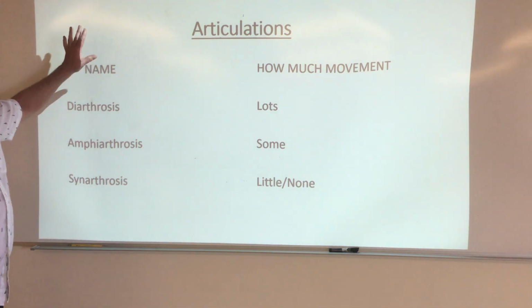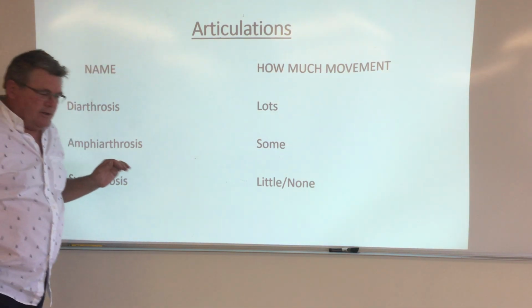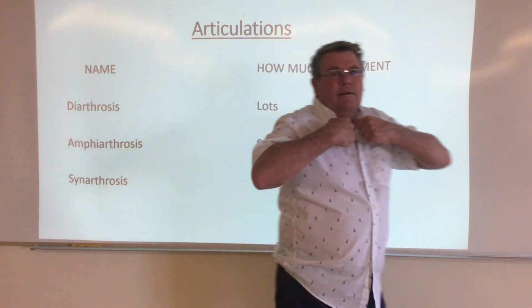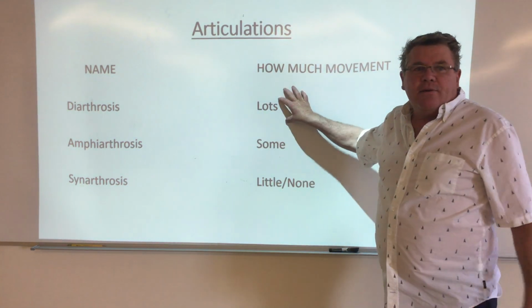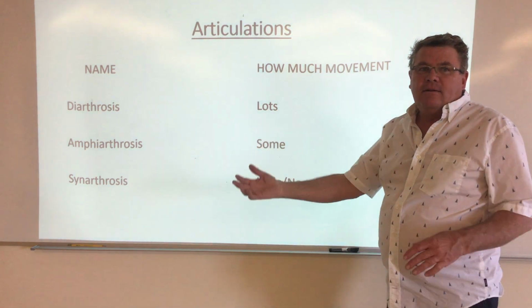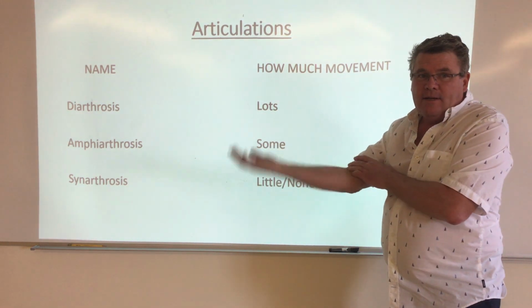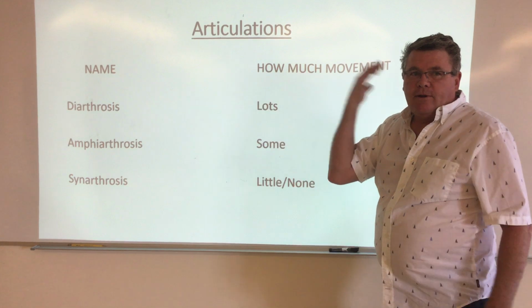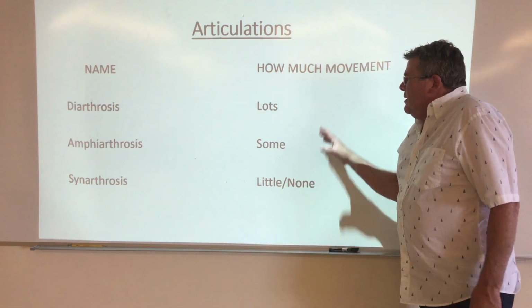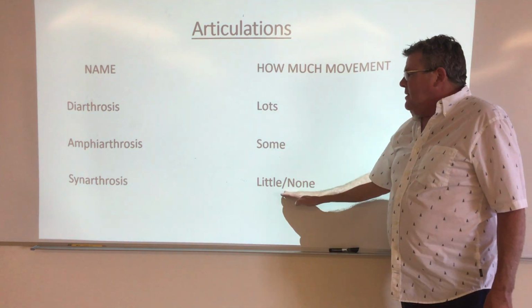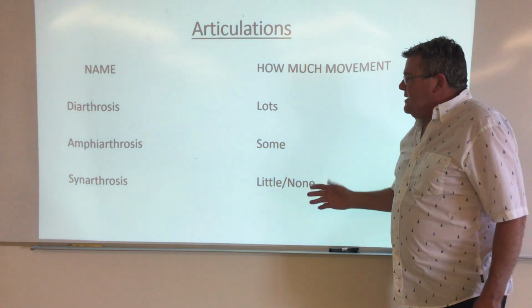So essentially it comes down to this, with these weird words: how much movement is there between the two bones? If you are diarthrotic, there's a lot. I'm getting ahead of the game, but think of something like your elbow, your shoulder, your hip. The other end of the spectrum, synarthrosis.